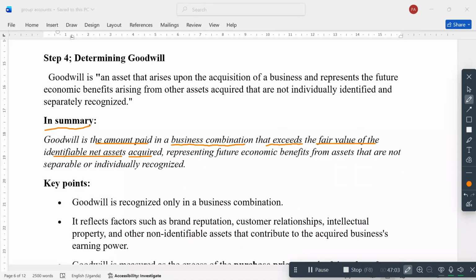That excess over the fair value of the identifiable net asset, the goodwill paid, represents the future economic benefit from other assets that are not separable or individually recognized. Now we shall see which other assets you are not seeing, because we have calculated the furniture, the motor vehicles, the buildings, cash available. We subtract the liabilities, then we come up with the net asset.